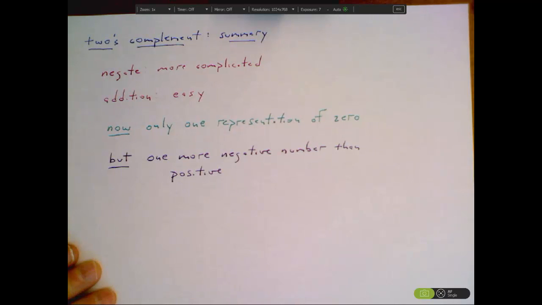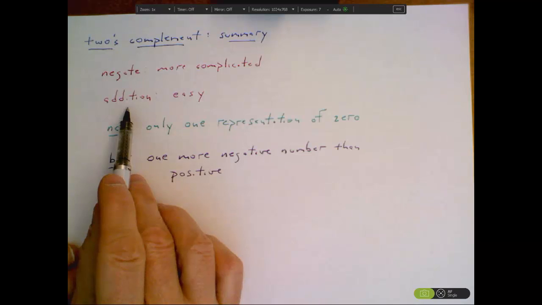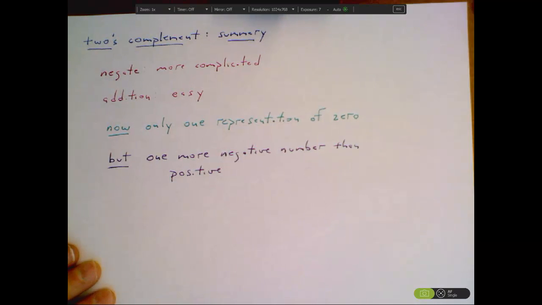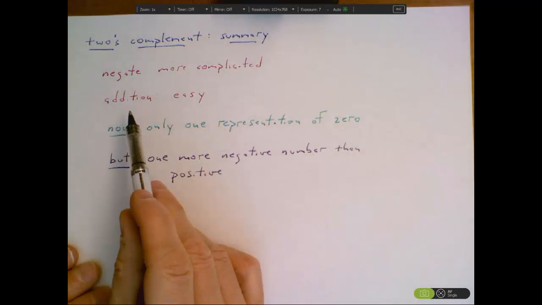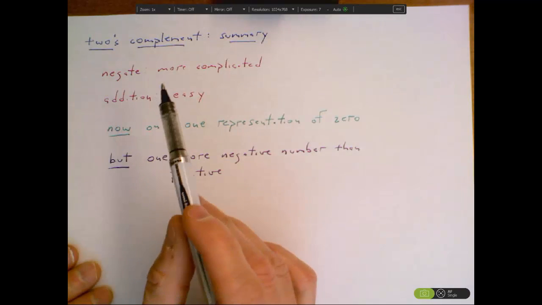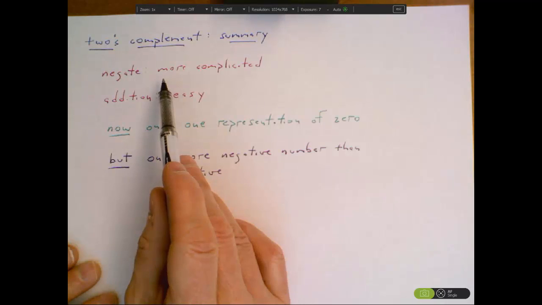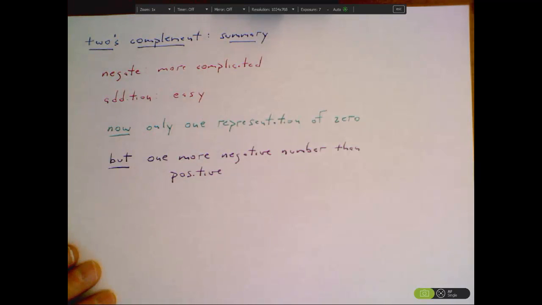So I'm sort of paying the price during the negation, which makes the addition easy because now I just do the normal unsigned addition algorithm, and if there's a carry, I just throw it away. So it makes addition very easy. It doesn't matter whether it's signed or unsigned. I just always do the same algorithm. So basically, we're trading off getting an easier addition at the expense of a more complicated negation.